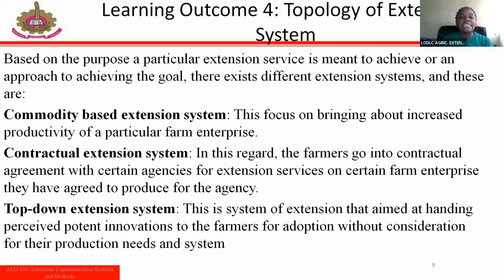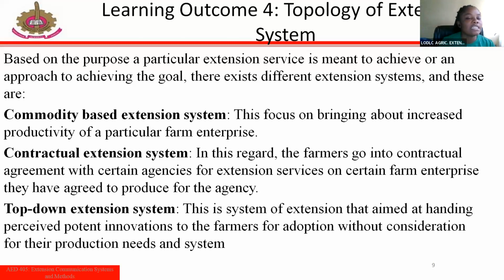There are different extension systems, different typologies of extension systems. So we'll be talking about them one after the other. We don't have much time to dwell on it, just for you to understand that extension systems are different.